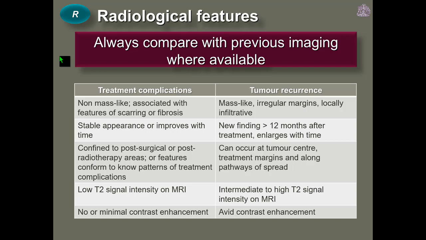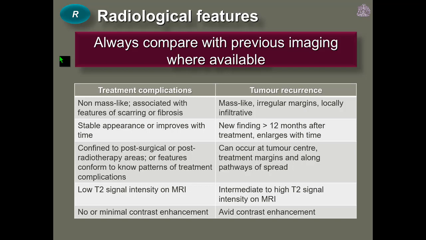The treatment complications tend to be related to the treatment field, if radiotherapy or surgically related. Whereas a disease recurrence can occur in the tumor center, treatment margin, or along the pathway of spread. So knowledge of the pathway of spread is really important. Then the MR features, like low T2 signal on MRI, a sign of fibrosis, versus high and intermediate signal.